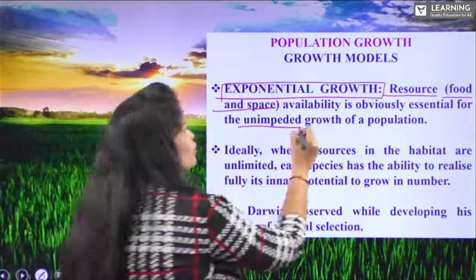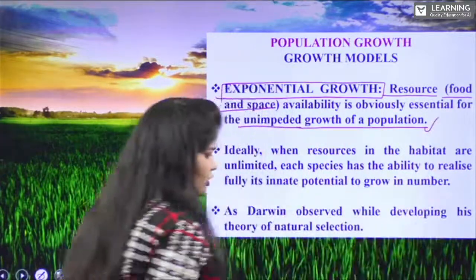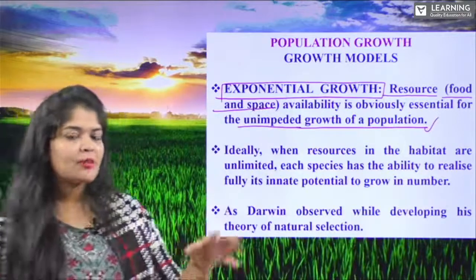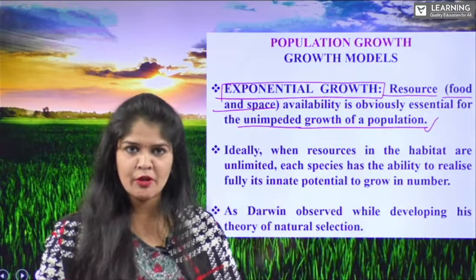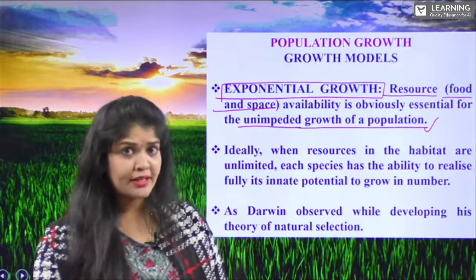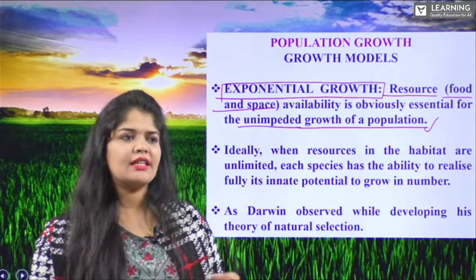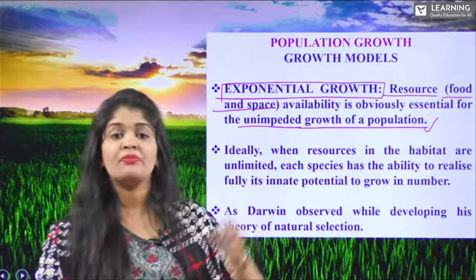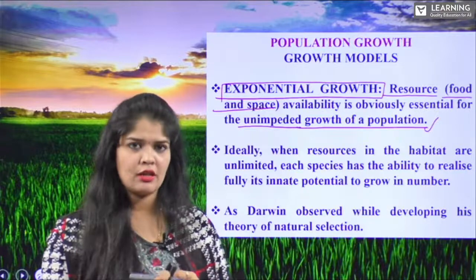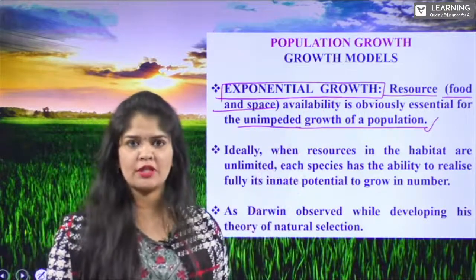So uncontrolled growth of the population takes place, because how can the population be controlled? If there is a lack, a decreased availability of food, if there are predators, then we can see a certain decrease. If there are more deaths, if there is more emigration, then there is a decrease in the population. Here the situations are completely opposite.